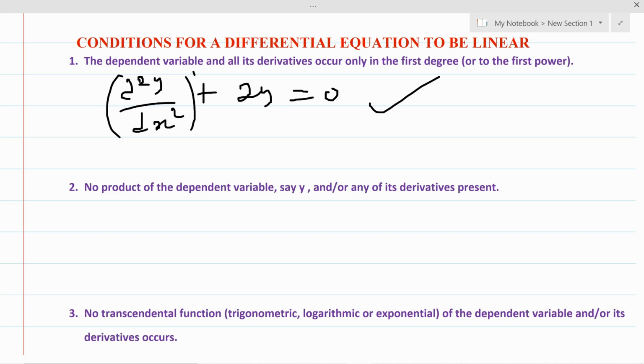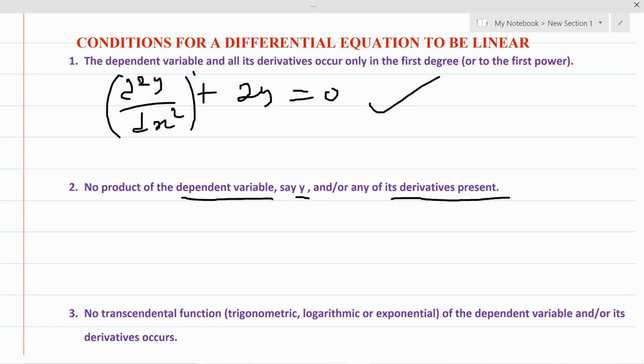Now the second condition says that no product of the dependent variable, say y, and any of its derivatives is present. The underlined word is the dependent variable, that is this y that we are talking about, and any of its derivatives.